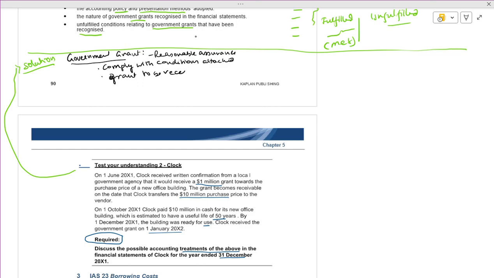All three things have been given here. Clock received written confirmation, which is nothing but a reasonable assurance.